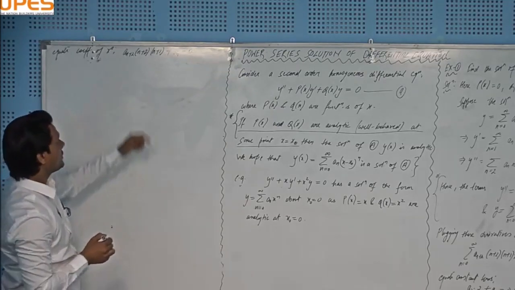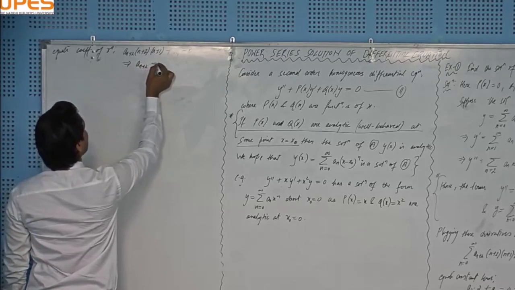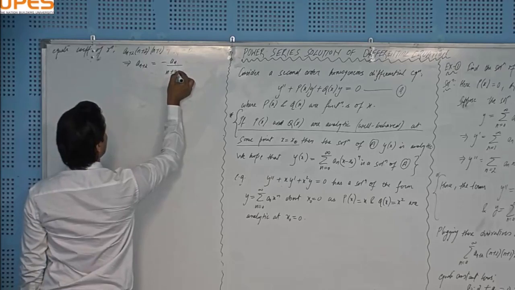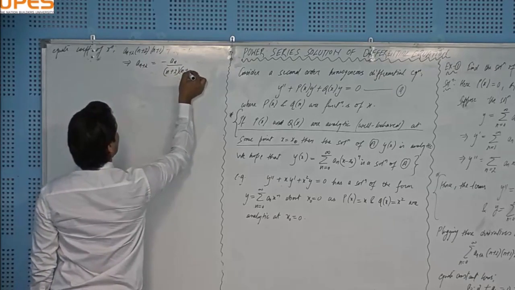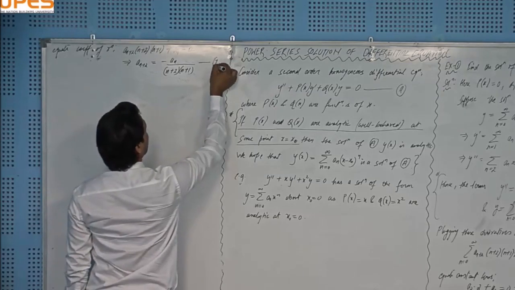And from here, I should obtain a coefficient with bigger subscript in terms of the coefficient with smaller subscript. So that will be like this, okay? And let me call it equation number 1, okay, right?